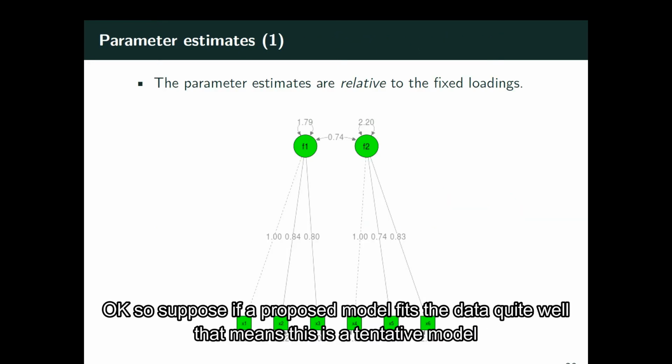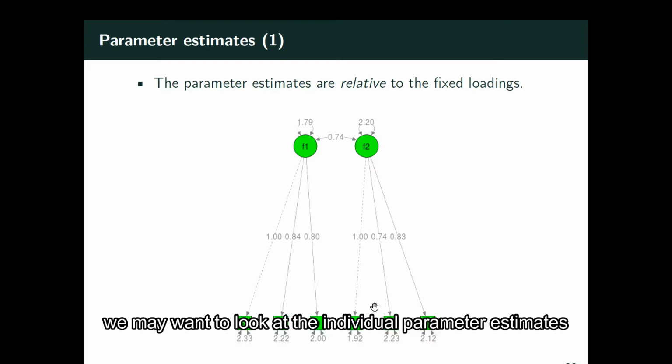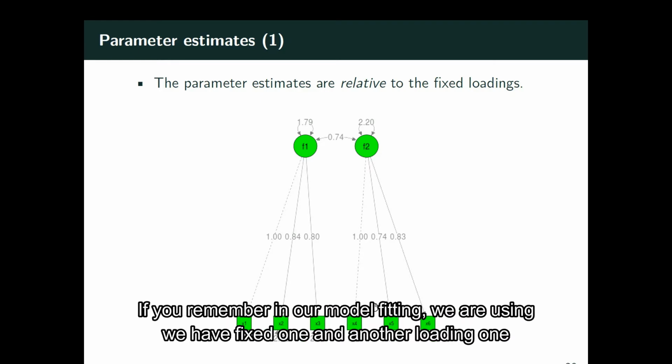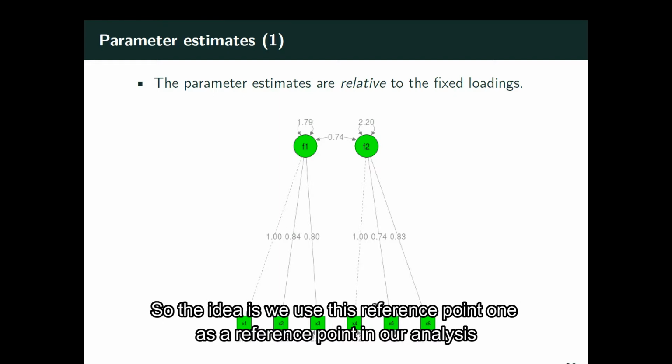Okay, so suppose our proposed model fits the data quite well, that means this is a tentative model. We may want to look at the individual parameter estimates. If you remember, in our model fitting, we fixed one loading to 1. So the idea is we use this 1 as a reference point in our analysis.